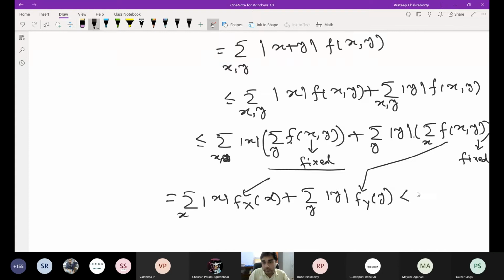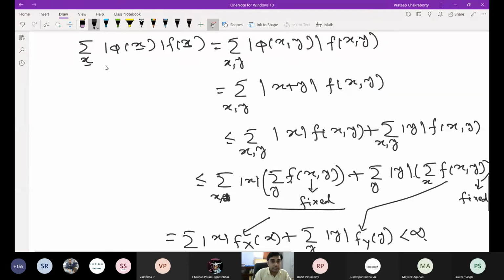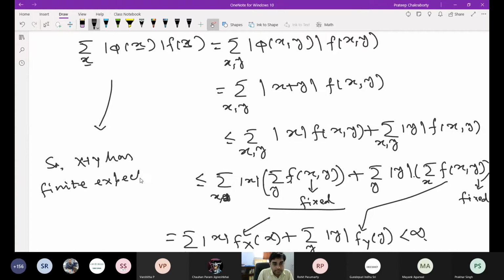So this is finite. So we see that x plus y has finite expectation.